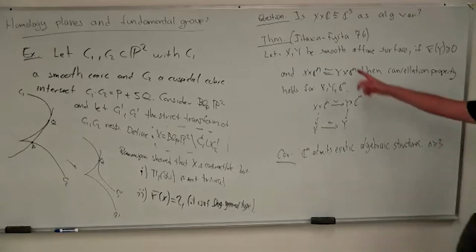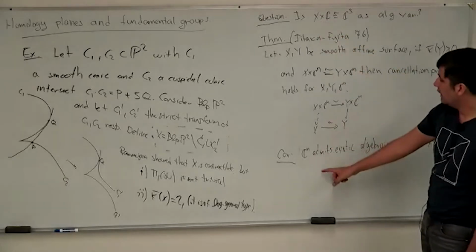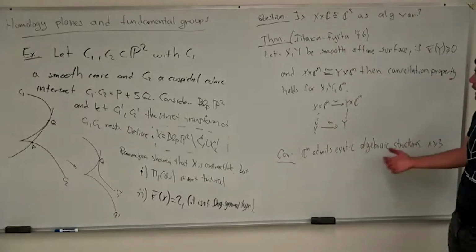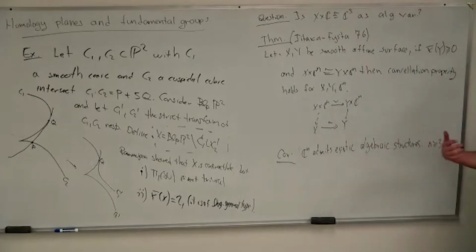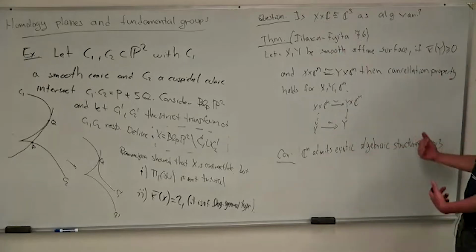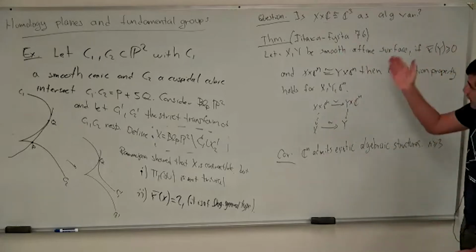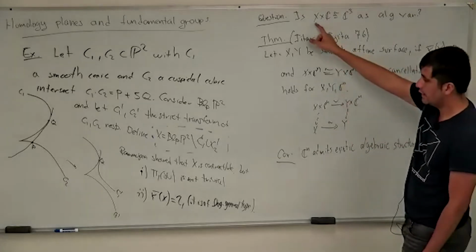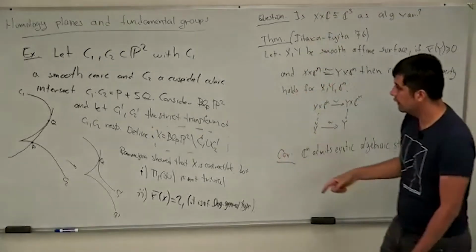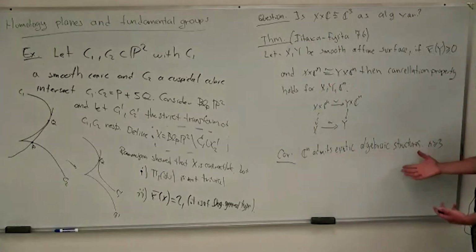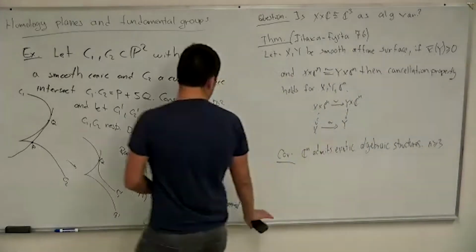So you consider something like this, you multiply by Cn, and then by the h-cobordism theorem you get that they are isomorphic as real varieties, and then if they were isomorphic as algebraic varieties, you use this Fujita theorem and you could cancel, finding that this X is going to be isomorphic to C2, but that contradicts Ramanujan's theorem, so they are actually not isomorphic as algebraic varieties. Okay? Is this clear? Any question?